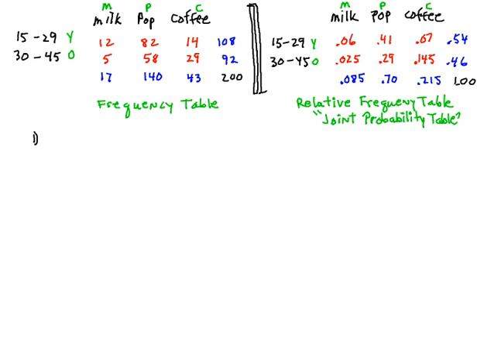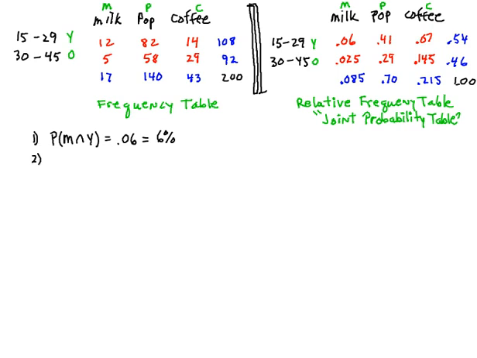What's the chance that they're going to be a younger person and they're going to prefer milk? So that is called intersection, probability of preferring milk and being in the younger age group. That's also called a joint probability, and we can see it over there in the joint probability table, looking in the younger age group row and the milk column. I get 6% or 0.06, which I can write as 6%.